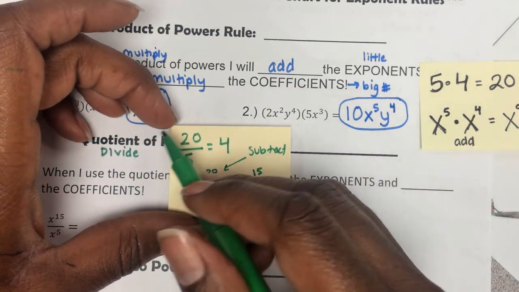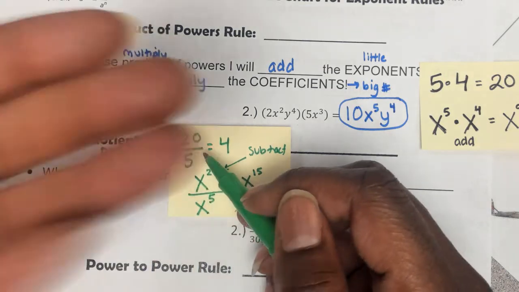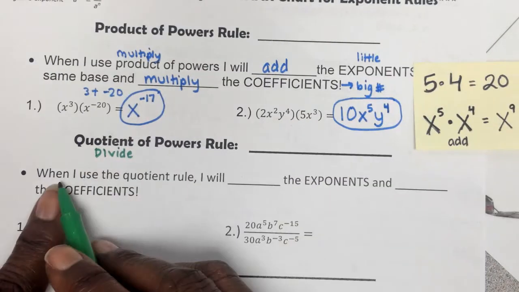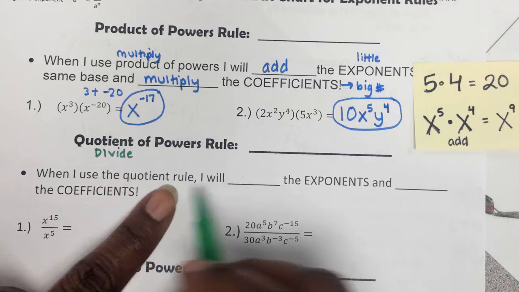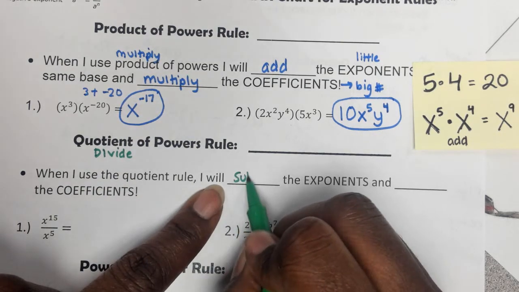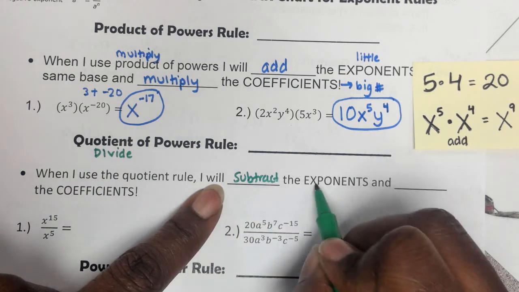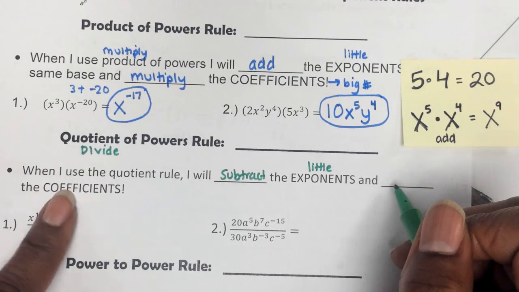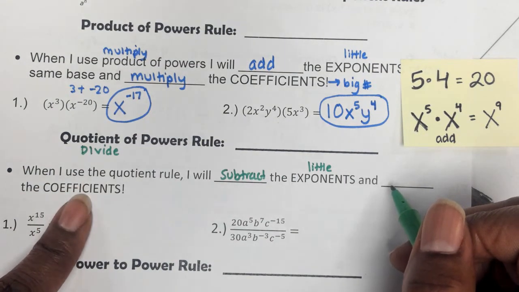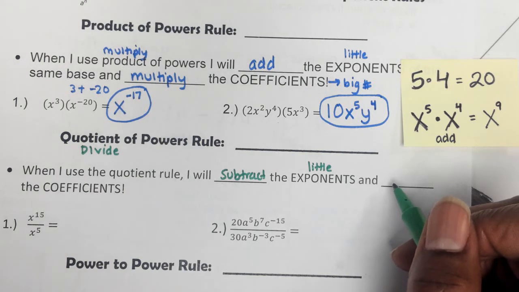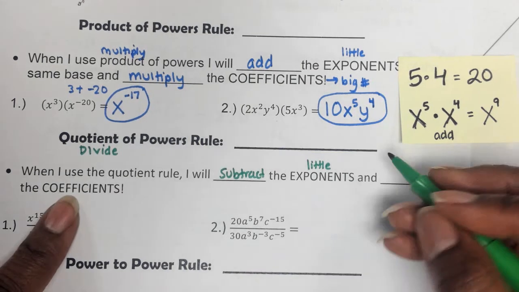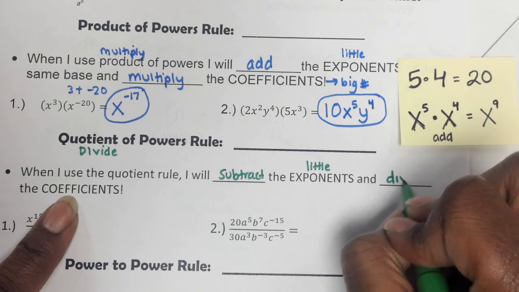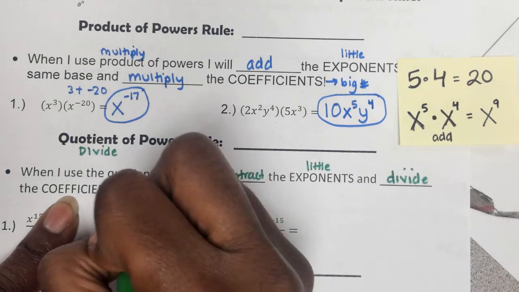But the big daddies, I treated them normally. I divided. So when I use the quotient, which is the divide rule, I will subtract the exponents, which are the little babies. But the big numbers, or if you want to call them big mamas, that's your business, you will actually divide the big ones.